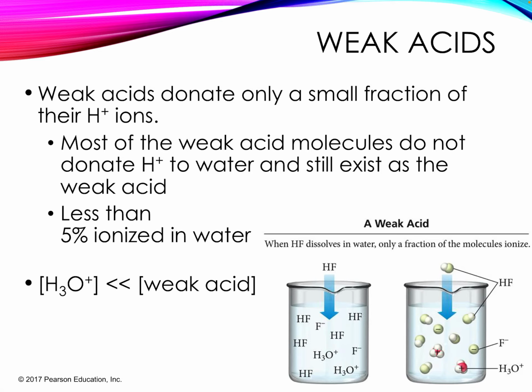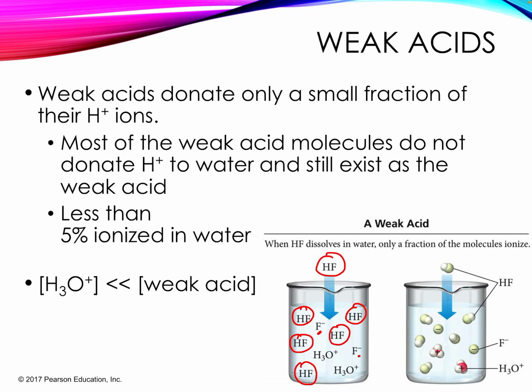Well, if we look at HF in this image, if we put hydrofluoric acid in, most of the hydrofluoric acid molecules will stay together, and only a small fraction of them will break apart. Okay, so that's how we're going to distinguish between a strong acid and a weak acid. Weak acids are less than 5% ionized in water. Oftentimes, they are much, much less than that.